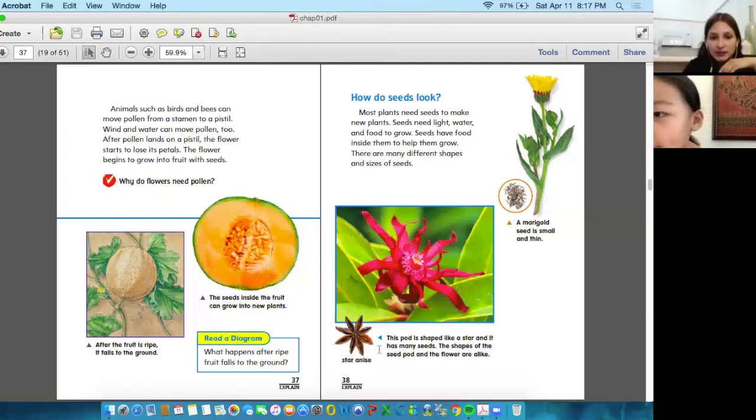Okay, so let's look down here. Look at this flower. Isn't it beautiful? No, it looks like a monster with so many tentacles. Yeah, it does look like a monster, but I think the color is very pretty. I like hot pink. Okay, so let's see. Look, this is the seed for this flower.